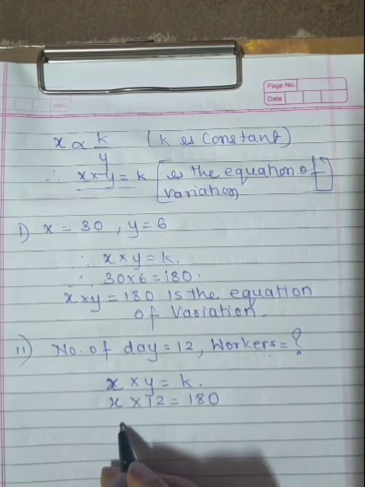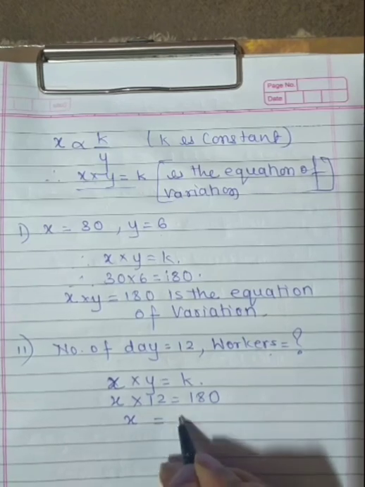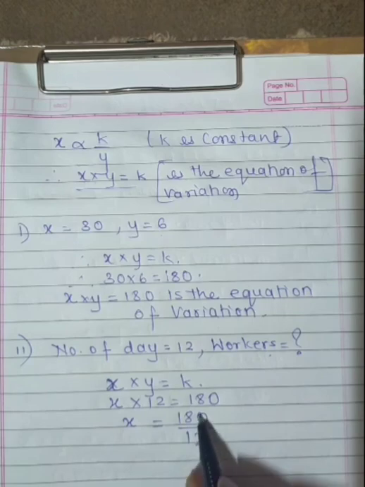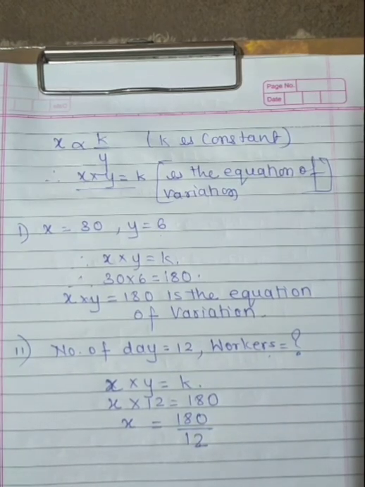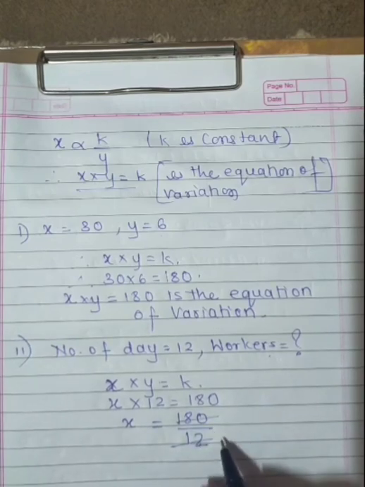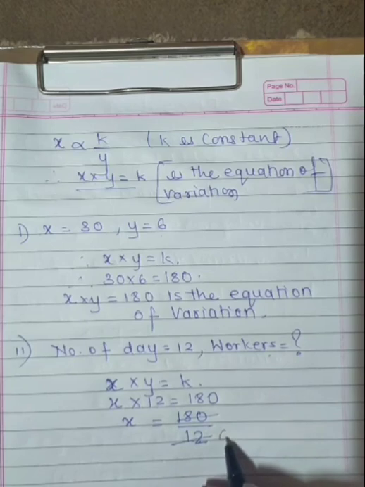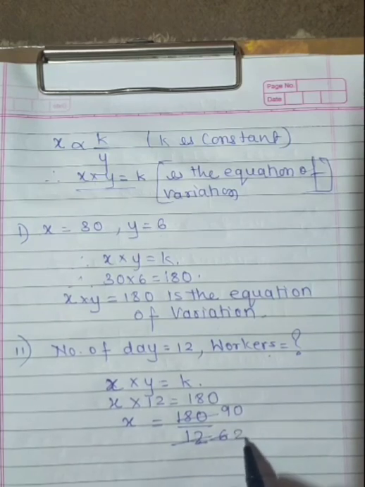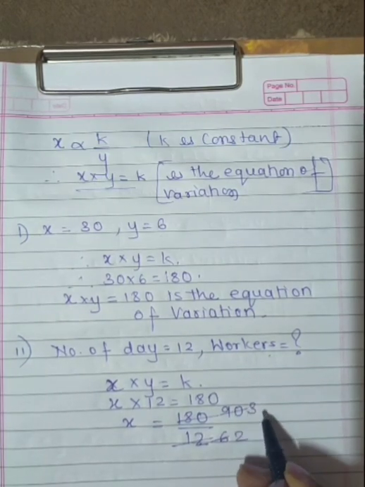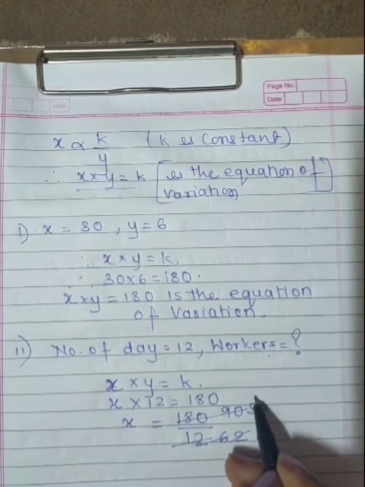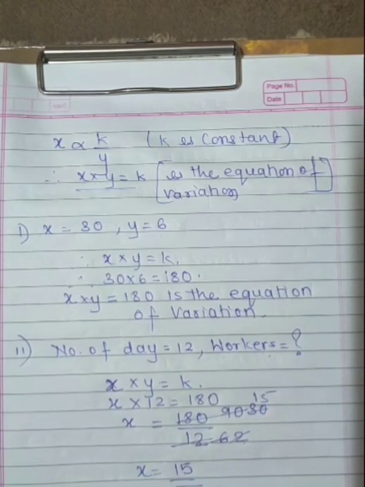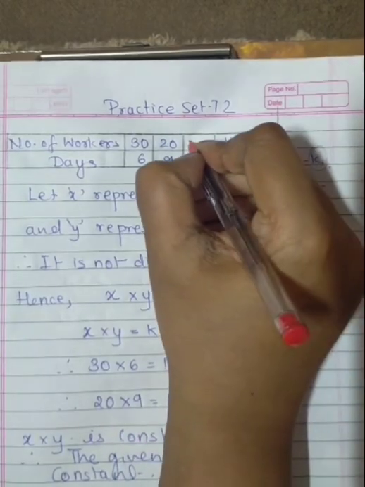Now X equals 180 upon 12. Doing direct division, 2 sixes are 12, 2 nines are 18, we get 15. X is equal to 15.